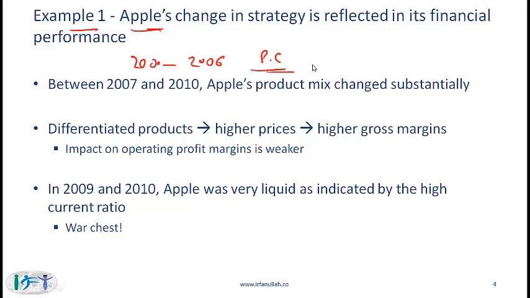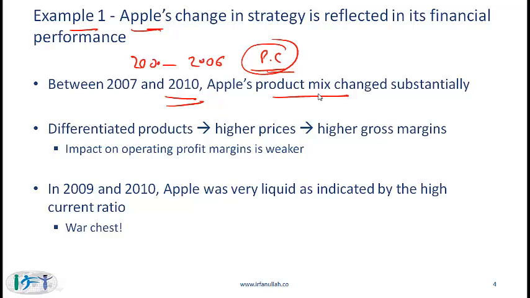But then Apple changed its strategy and the focus moved away from being purely a PC company to a company that provides several integrated products. If you look at Apple in 2010, it had the iPhone, Apple sold iPads, iPods, and music was downloadable through iTunes. So the product mix changed substantially.